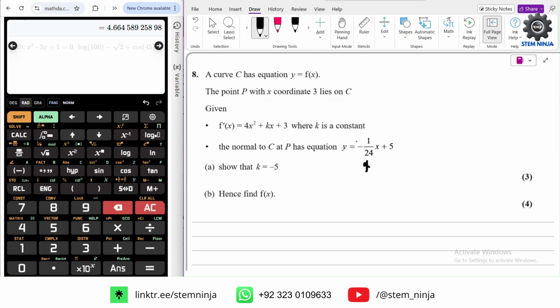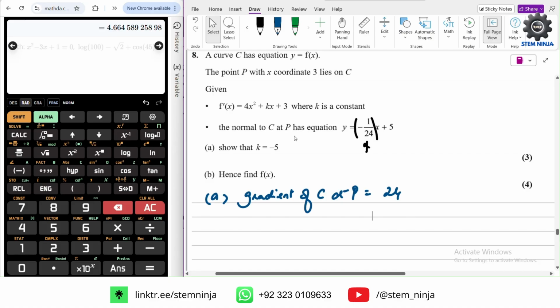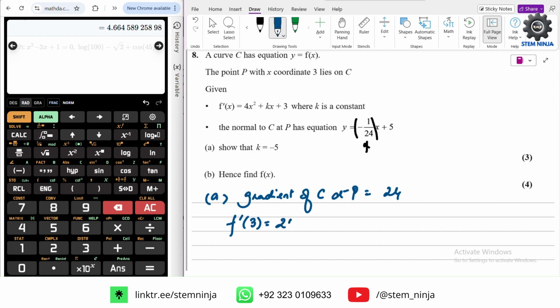Okay, so this is the gradient of the normal. So gradient of C at P is 24, the negative reciprocal of minus 1 over 24. So now we can do f prime of 3 is just 24.